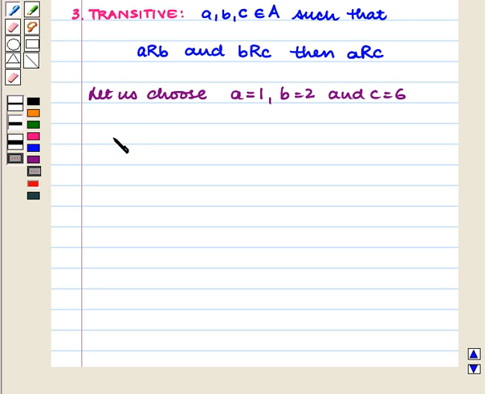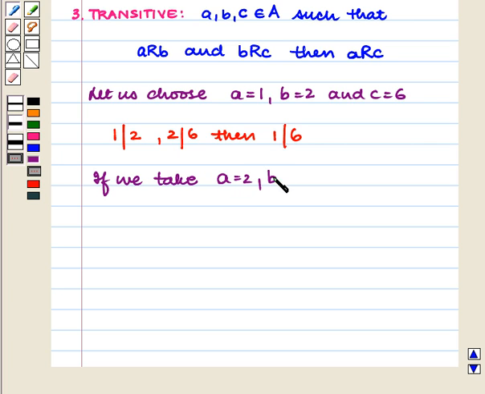We see that 1 divides 2, 2 divides 6 and then 1 divides 6. Similarly, if we take a equal to 2, b equal to 6 and c equal to 12, we see that 2 divides 6, 6 divides 12, then 2 divides 12.